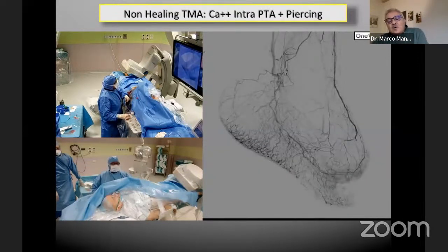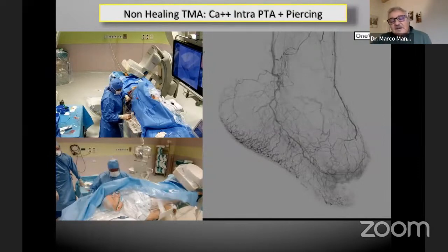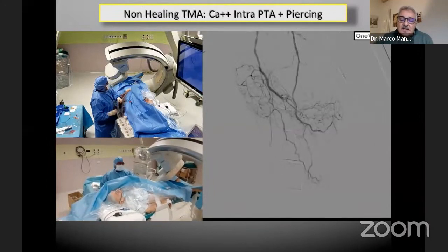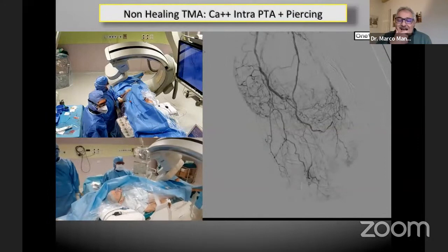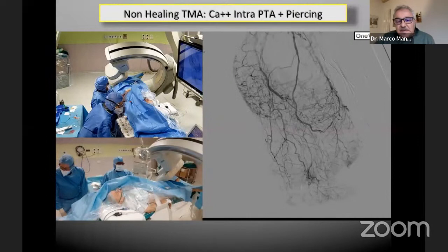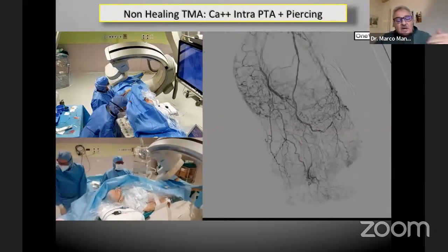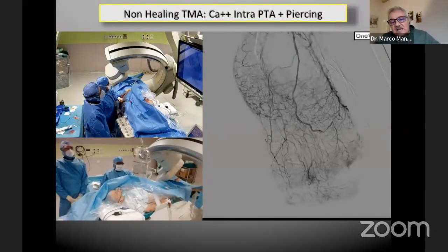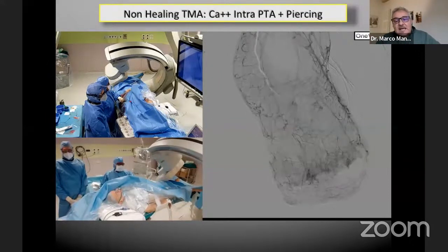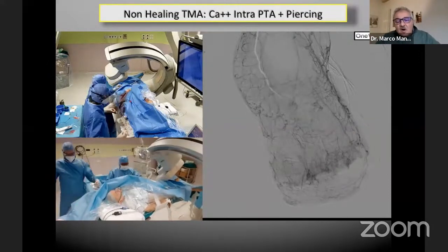So now it seems to be very well perfused, the amputation, both plantar and dorsal sides. So we were very happy with this result. So again, the strategy in this case was not one vessel, but two vessels in order to supply both sides of this non-healing amputation.